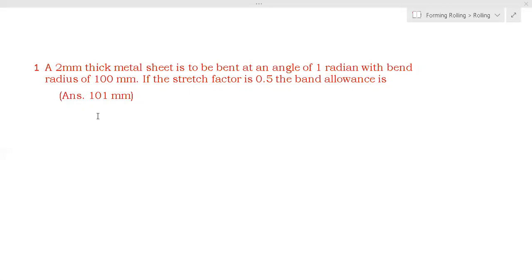First you solve this, Rajat. This problem you solve, man. Ravi Raj, please solve this problem.